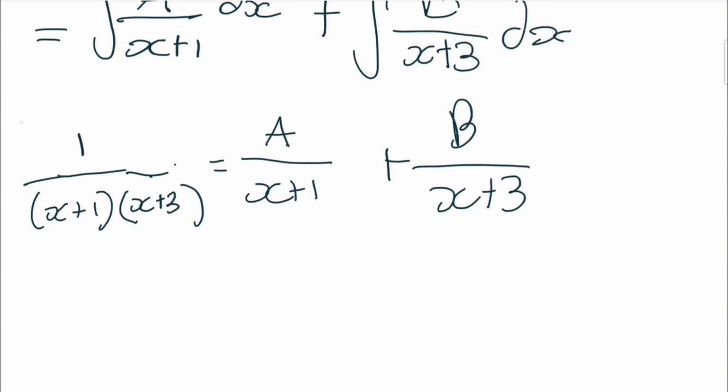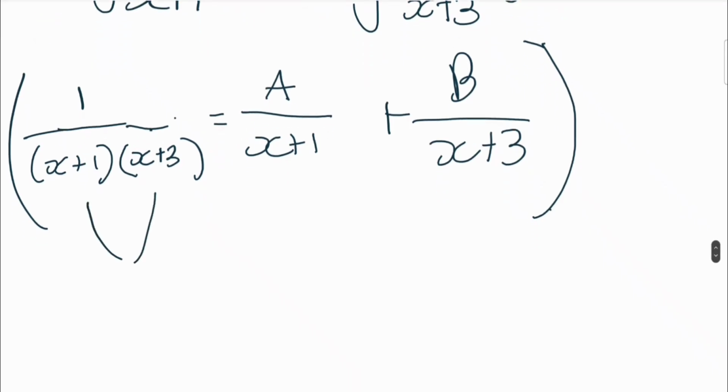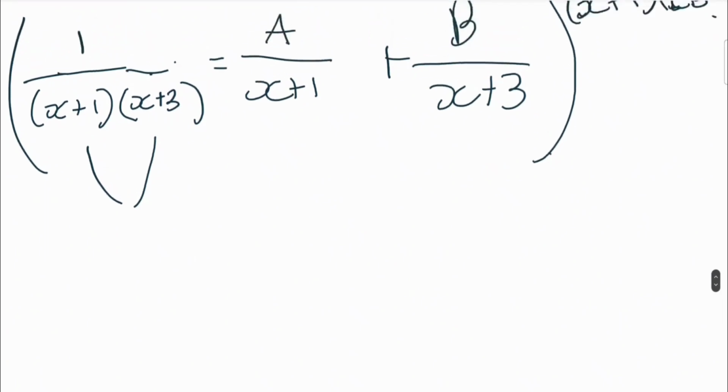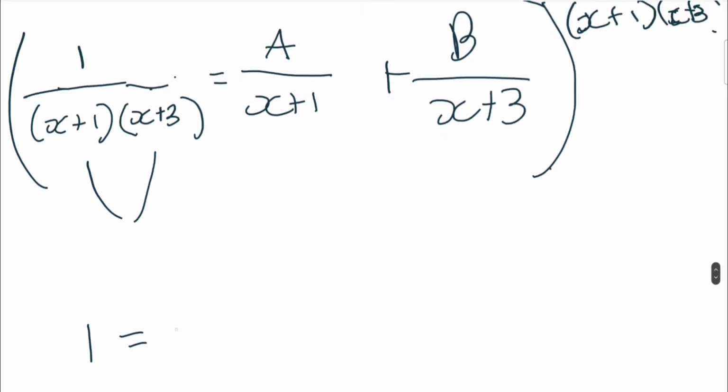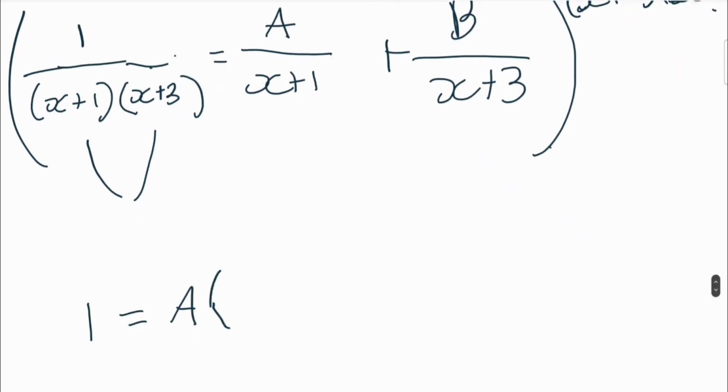And we're going to find a and b through this by multiplying this whole thing by x plus 1, x plus 3. So let's write that in. Okay, sorry, that looks really bad. So this is going to make it so that 1 is equal to a multiplied by x plus 3.